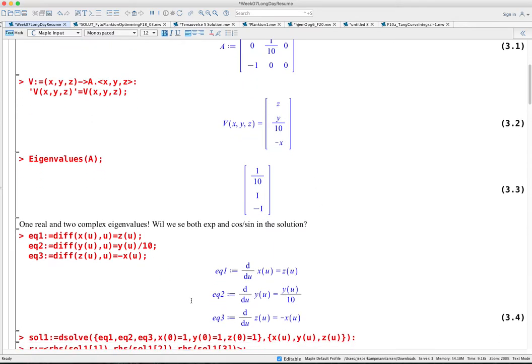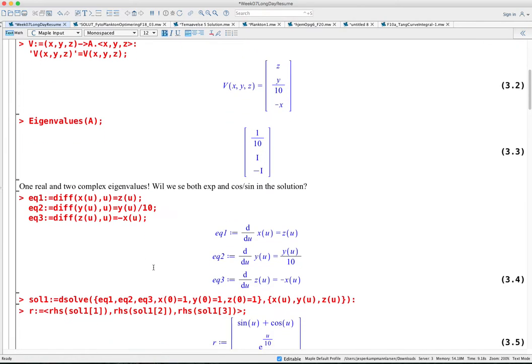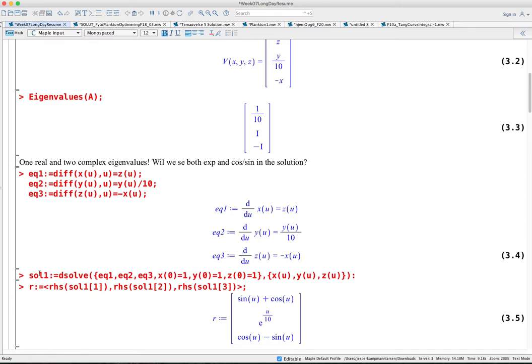So now you have the equations that you want to solve in order to get your flow field, and you readily use dsolve in order to do so. Here I use dsolve with the initial point 1, 1, 1 to give you the solution.